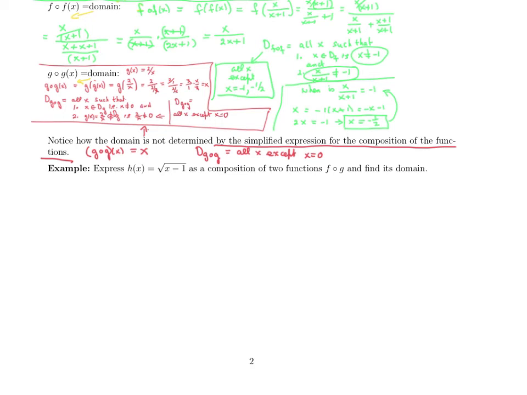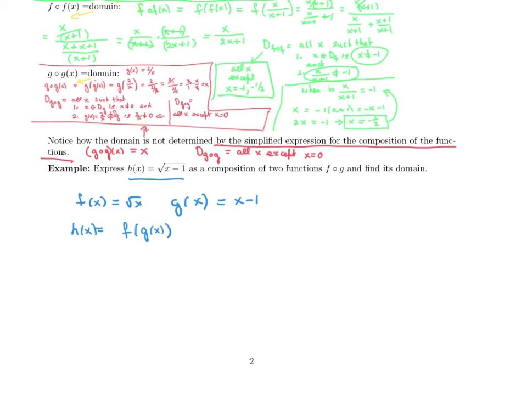Suppose I want to express the square root of x minus 1 as the composition of two functions and find its domain. I could write f of x as the square root of x and g of x as x minus 1, and then h of x is f applied to g of x.